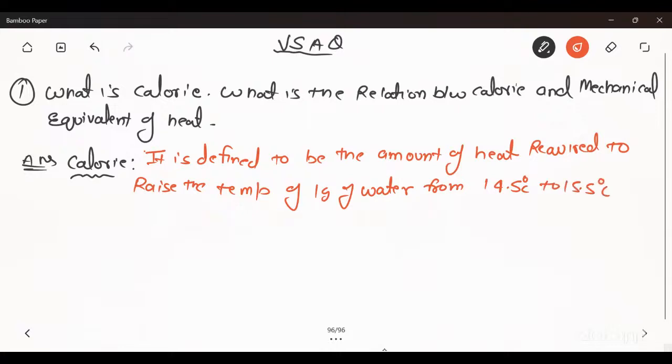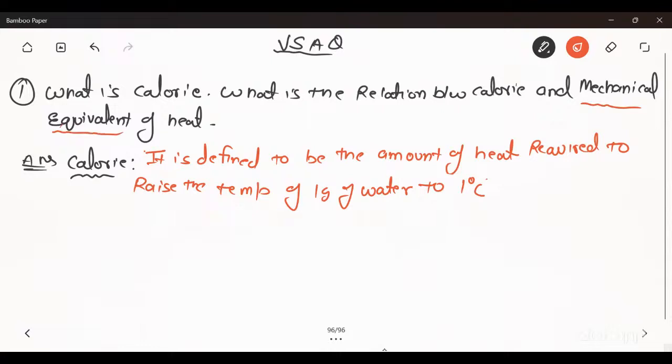Or you can say, 1 gram of water by 1 degree Celsius. You can simply write it that way. So the definition of calorie is that the unit of heat is known as calorie. Next is the mechanical equivalent of heat.